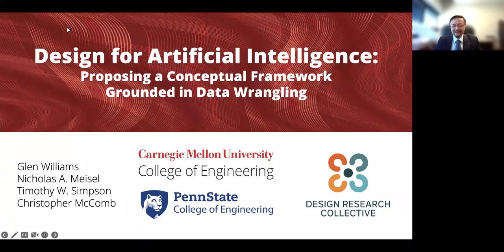Today, Chris is going to give a presentation of his paper, co-authored with Glenn Williams, Nicholas Maisel, and Tim Simpson. The title of the paper is Design for Artificial Intelligence.